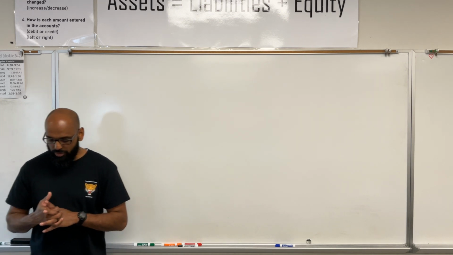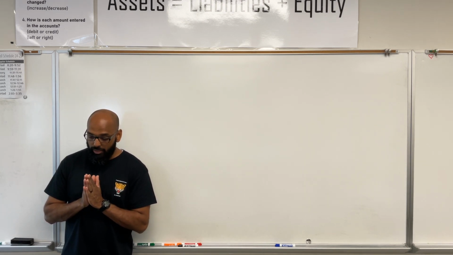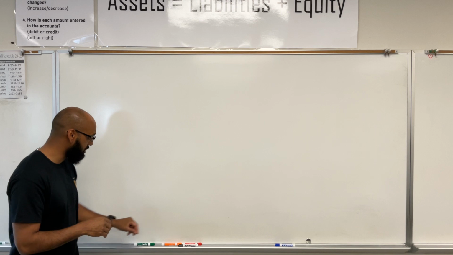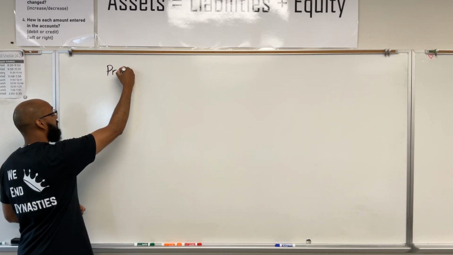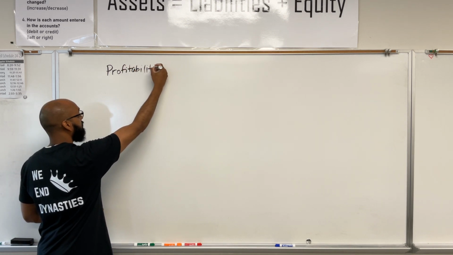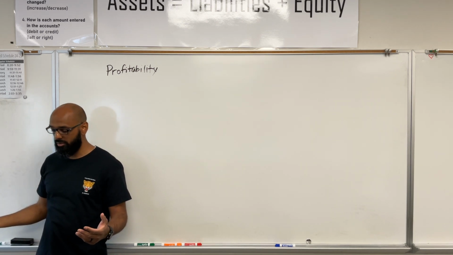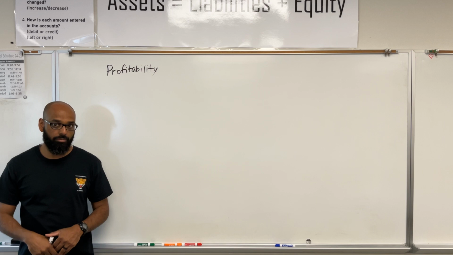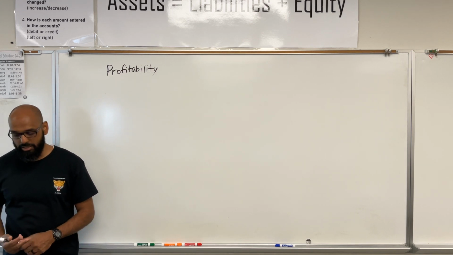And so the key categories for ratio analysis is going to be profitability. All right, so that's one of the things that you want to look at is the company's profitability. And profitability is simply how well are we earning, how well are we making money? How well are we earning profits?